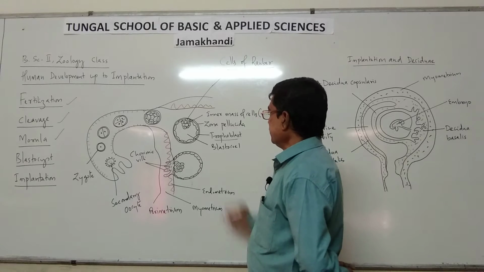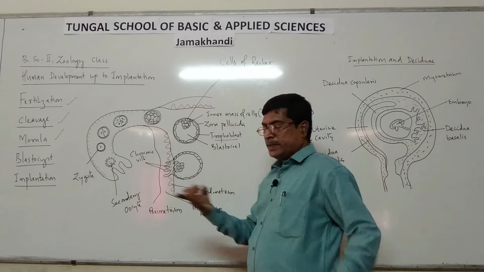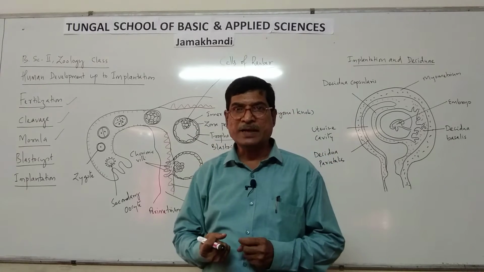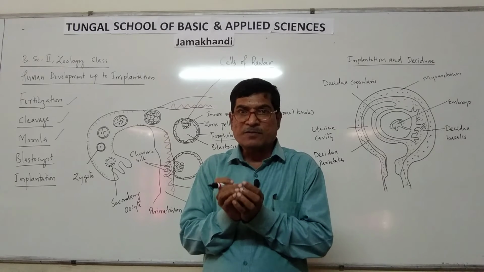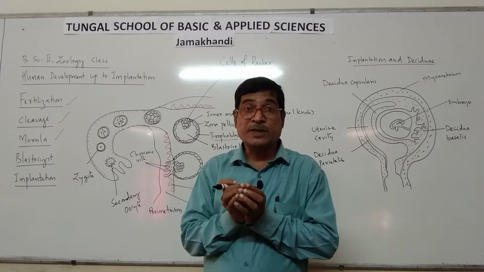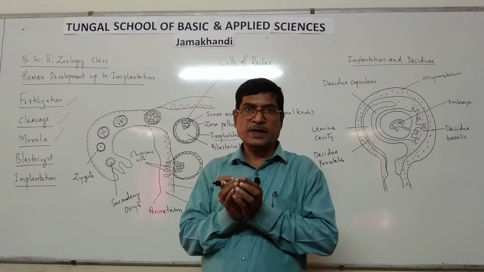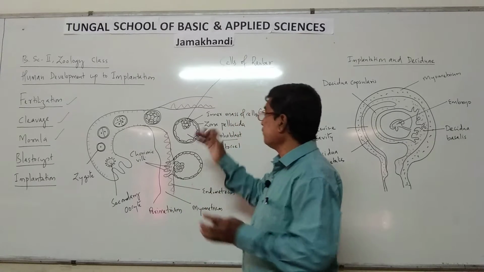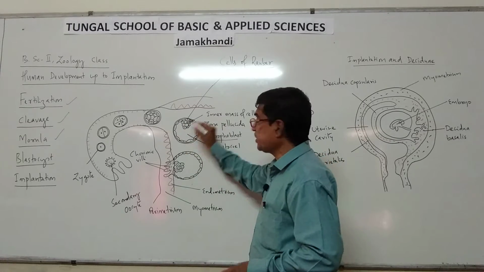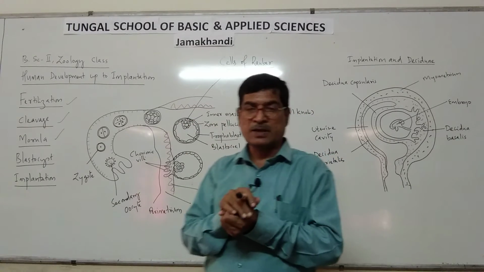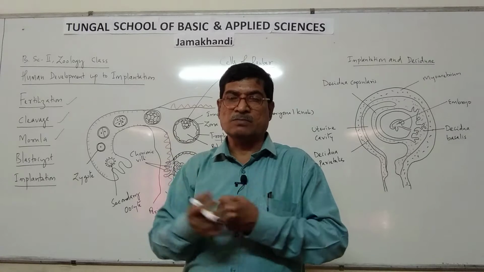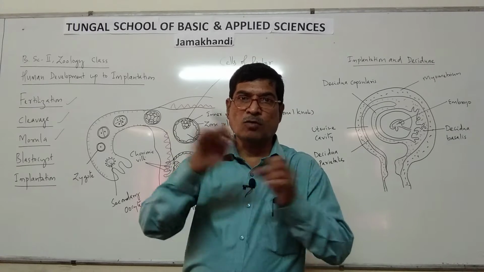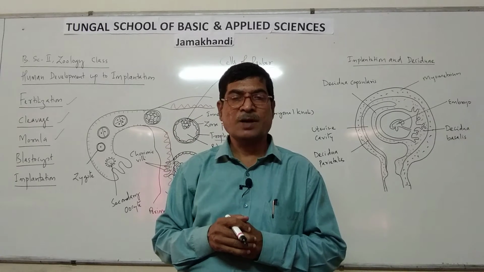So now what happens? Due to the absorption of uterine milk, the size of the embryo is increasing. Clear? As a result, pressure is being created on the wall of the zona pellucida.